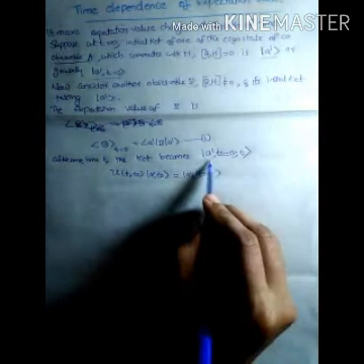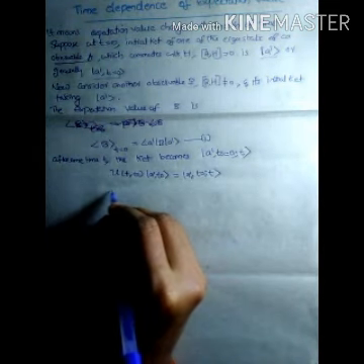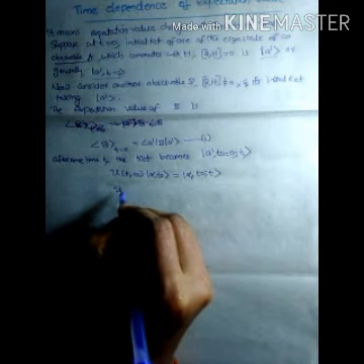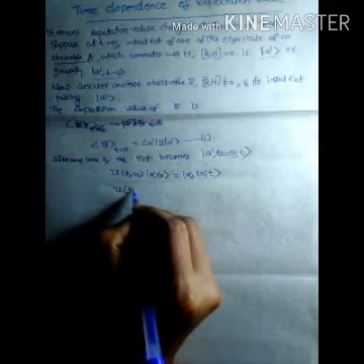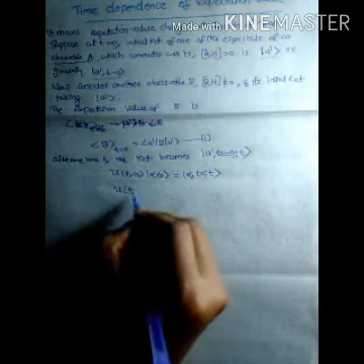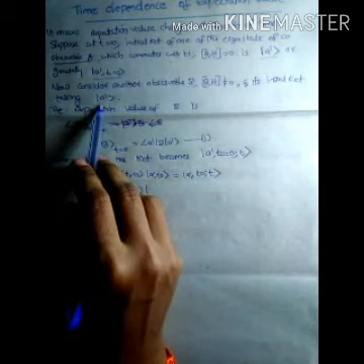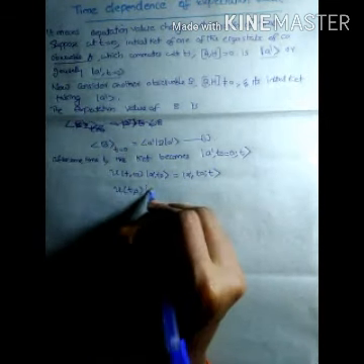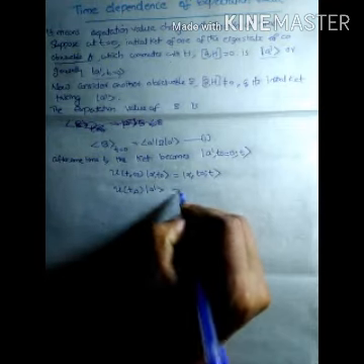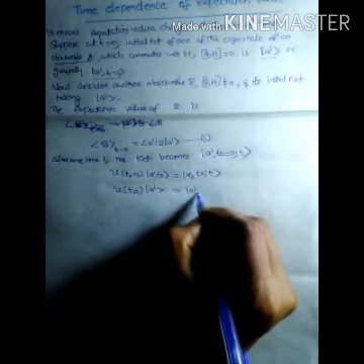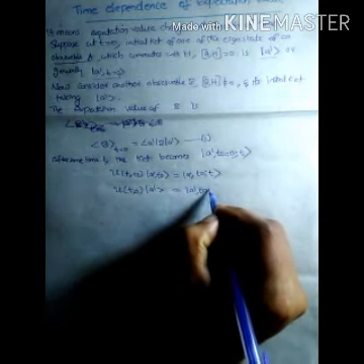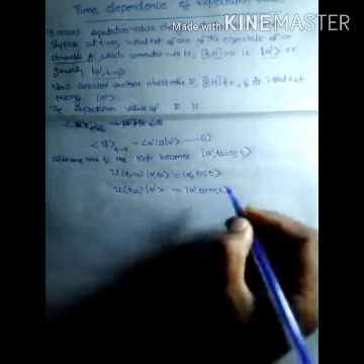Here our time evolution operator, t0 in this case 0, acts on our initial ket. What is our initial ket? Ket A dash, that gives ket A dash, t0 equals 0, t.